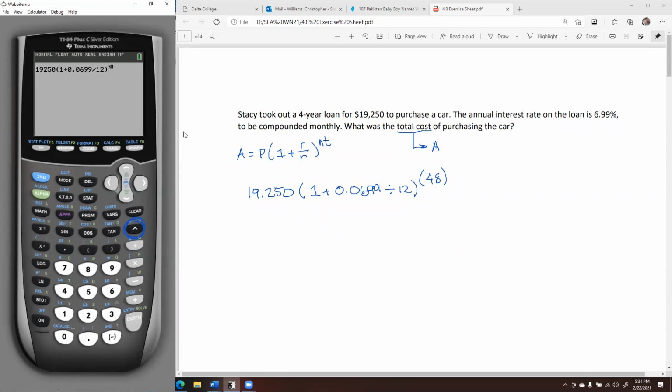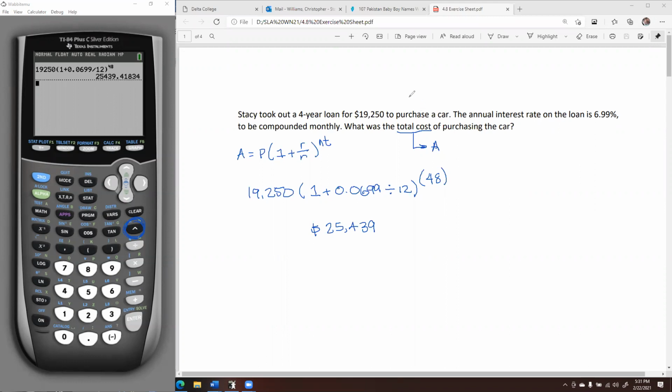If your exponent part here is an expression, so something multiplied by something divided by something, it's probably a good idea to include your parentheses. So once we've entered all this, we can hit the enter button, and then we are going to get this result of $25,439.